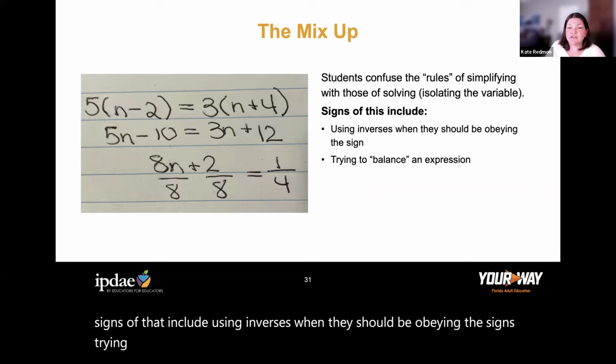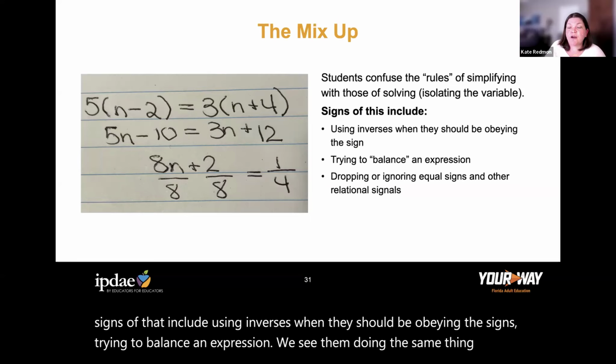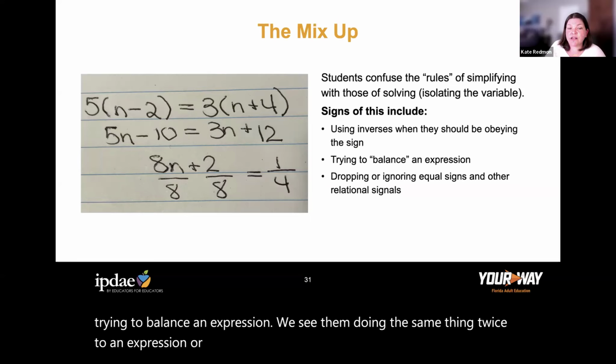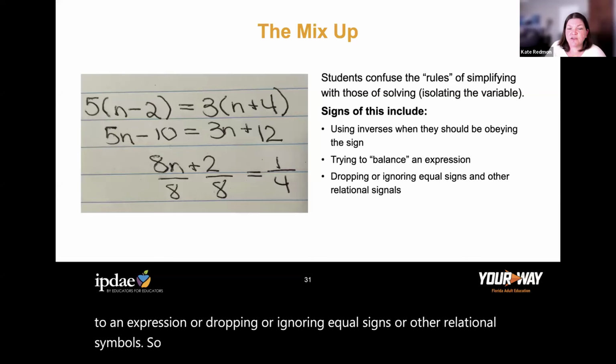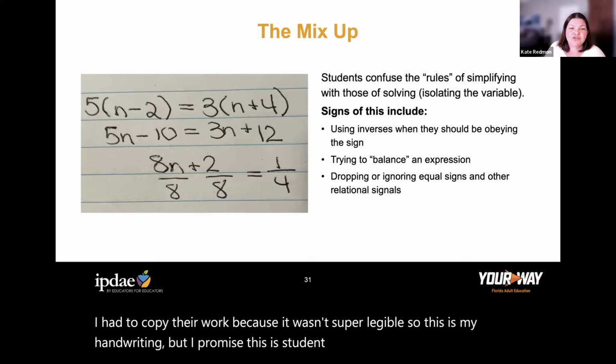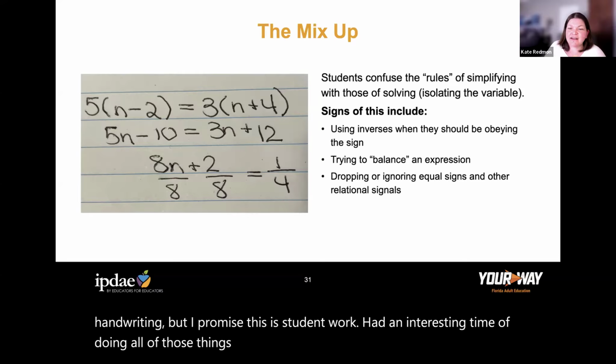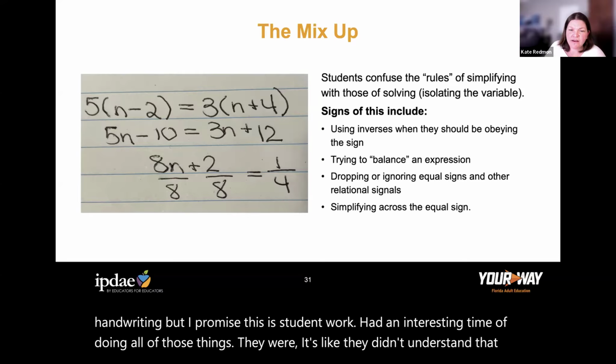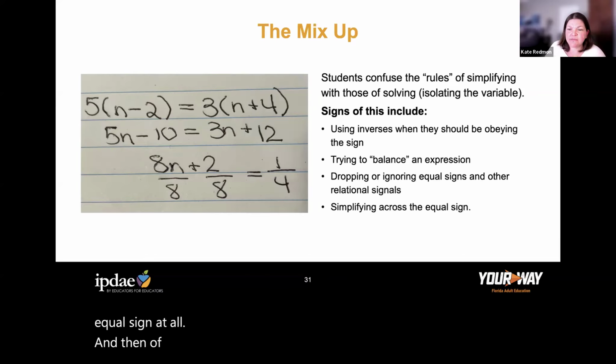We see them doing the same thing twice to an expression, or dropping or ignoring equal signs or other relational symbols. So this student, I had to copy their work because it wasn't super legible. So this is my handwriting, but I promise this is student work. They had an interesting time of doing all of those things. It's like they didn't understand that equal sign at all. And then, of course, simplifying across the equal sign is a big issue.